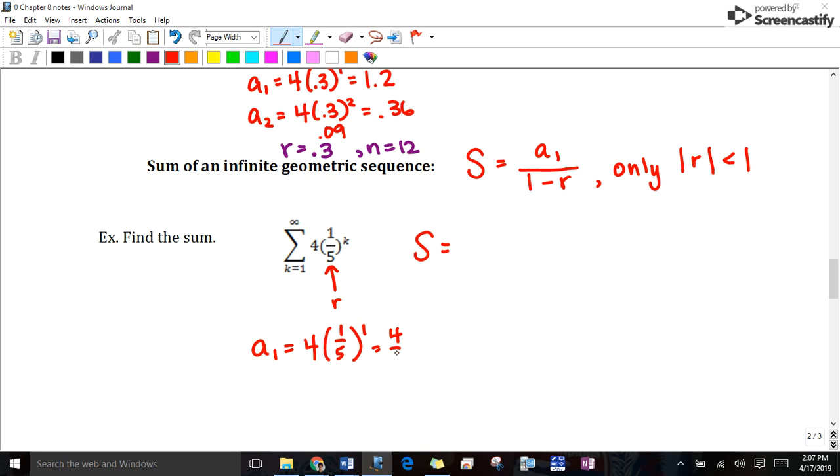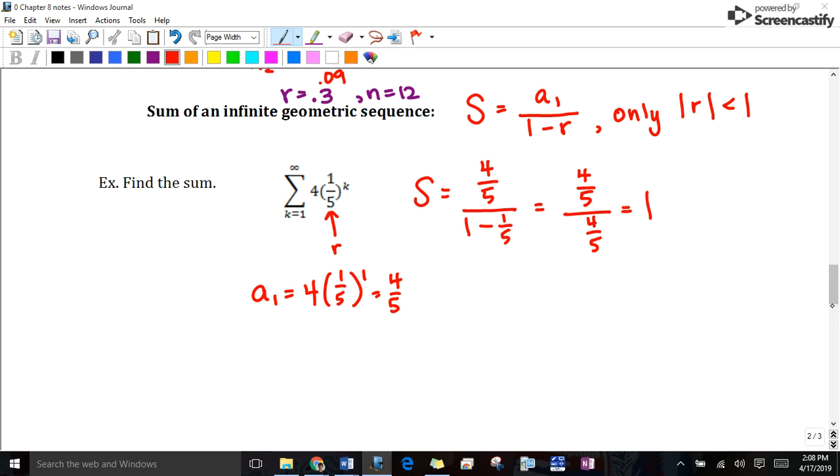So 4/5. So A1 is 4/5, divided by 1 minus r. We said r was a fifth. Okay, so it looks like we have 4/5 divided by 1 minus a fifth, which is 4/5. Looks like the sum of this thing is just going to be 1, which is an interesting idea. Okay, so that's all we need to know about arithmetic and geometric sequences and series.